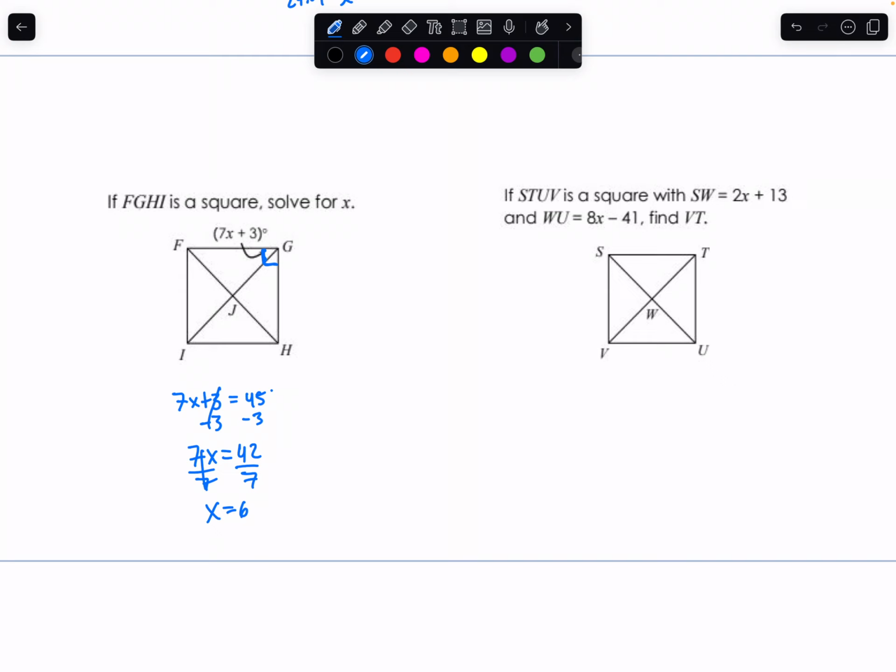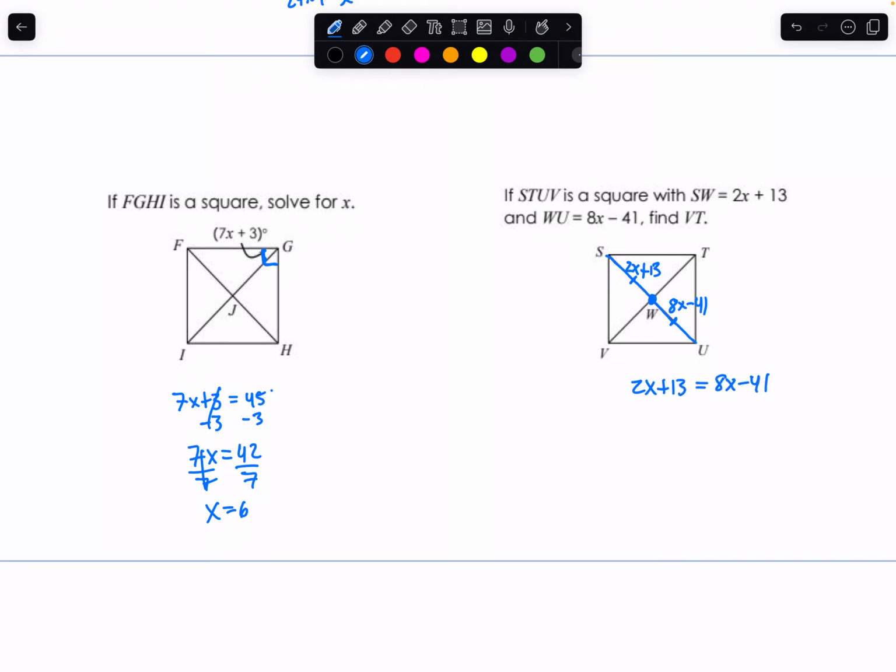That's it. For this next one, STUV, we are given the length SW is 2x plus 13, and WU is equal to 8x minus 41. This is still the midpoint, right? This is still the rules of a parallelogram, which means these two are congruent. 2x plus 13 is still equal to 8x minus 41.